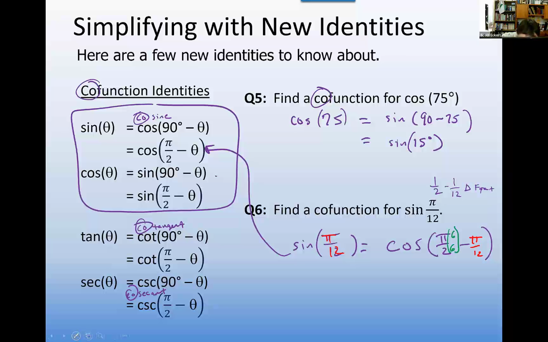So this will equal 6 pi over 12 minus 1 pi over 12, which equals cosine of 5 pi 12ths. That is switching the sine function into its cosine function. These are called co-functions.